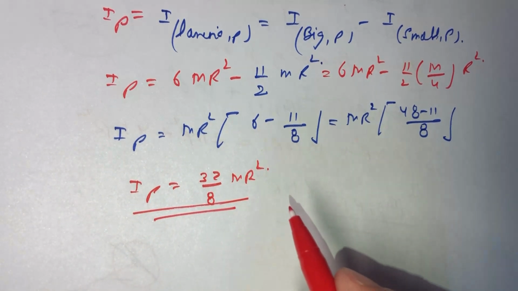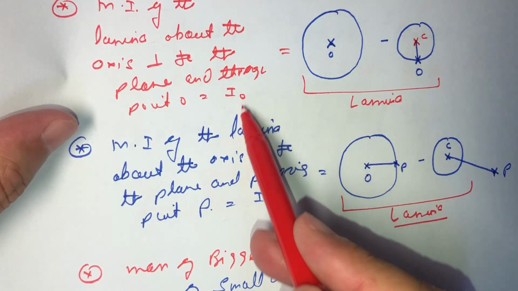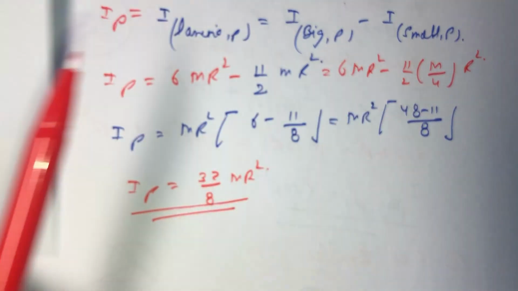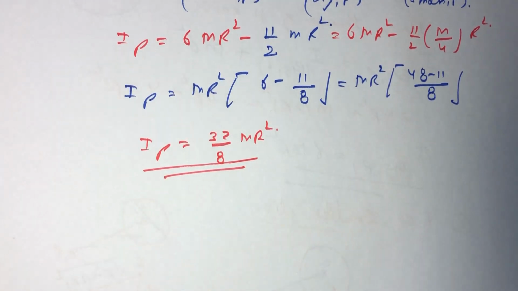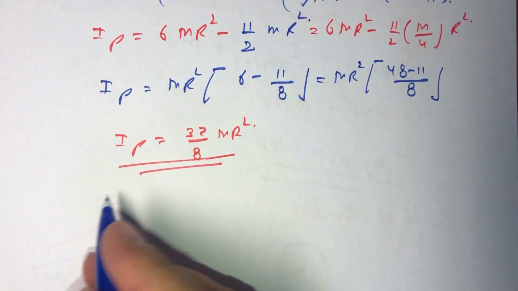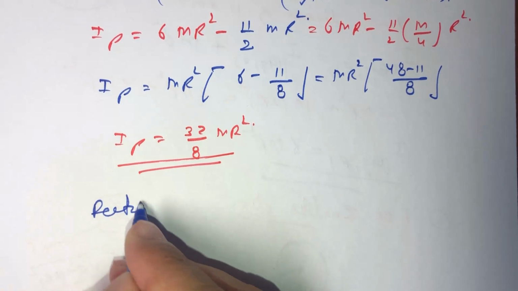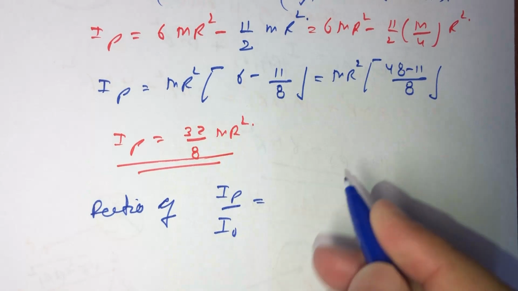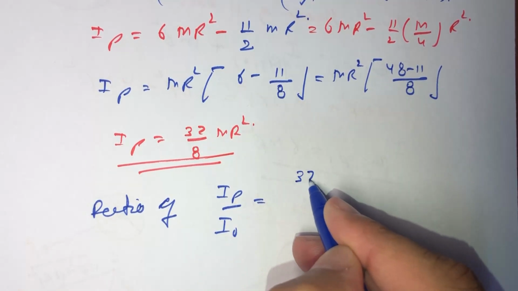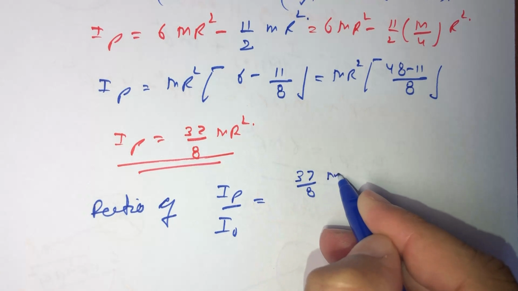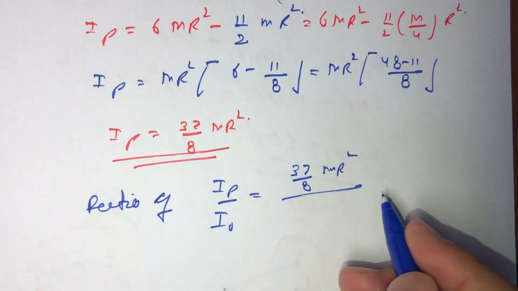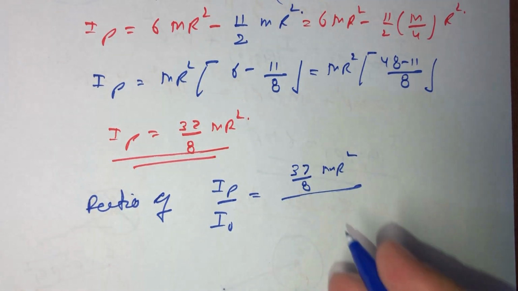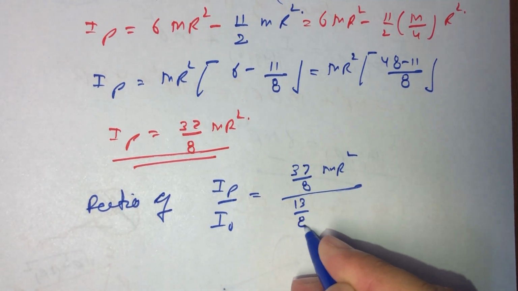So we found out what is our I naught as well as IP. Now we are supposed to find out the ratio of IP and I naught. So the ratio IP upon I naught is equal to 37 upon 8 mR square divided by, we got I naught as 13 by 8 mR square.